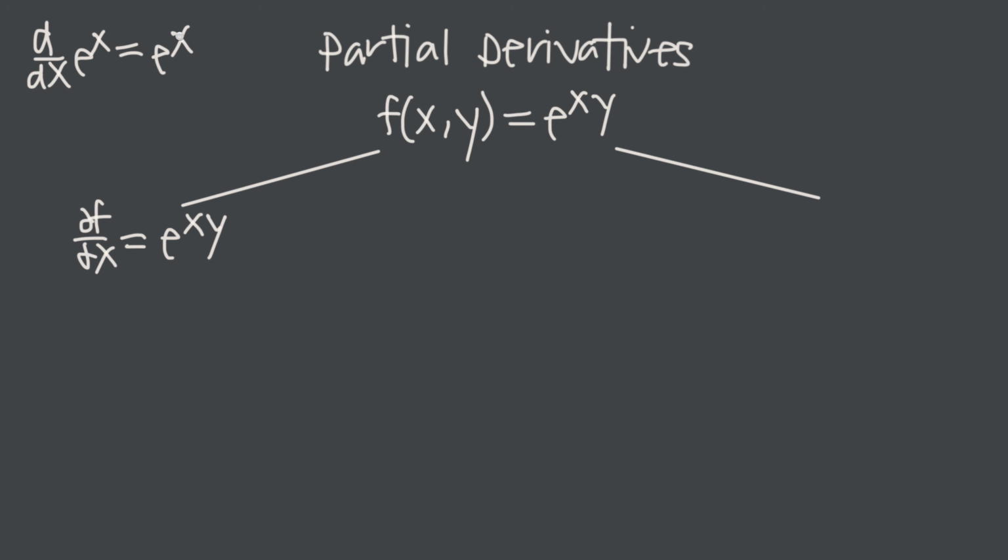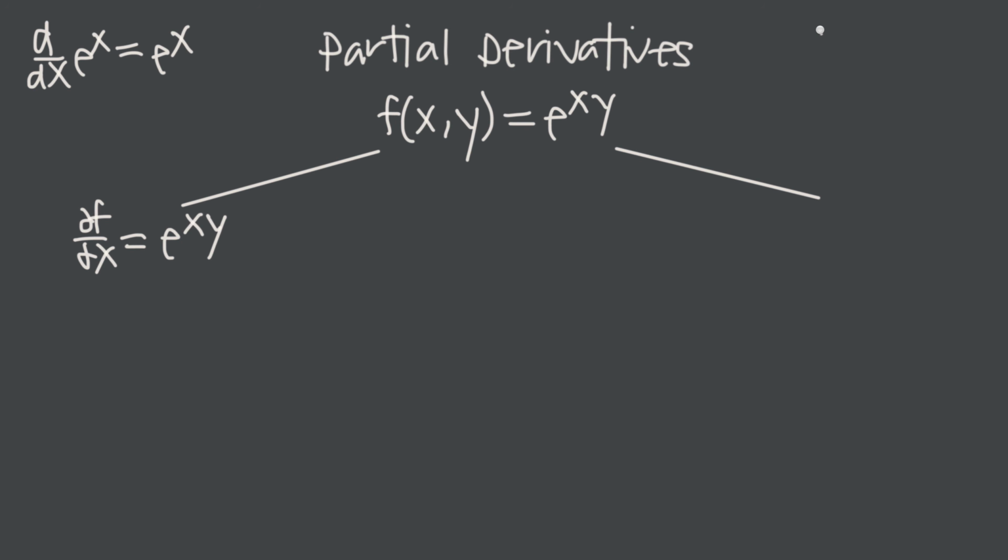However, just like with single variable calculus, you always have to remember in partial derivative problems to apply chain rule. In the case of the exponential function here, e to the xy, when we take the derivative, we get e to the xy, but then we apply chain rule, which means we multiply by the derivative of the inside function. The inside function is xy, and the derivative of xy is affected by our partial derivative. We're taking the partial derivative with respect to x. So what now is the derivative of xy with respect to x?